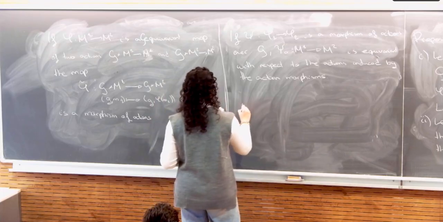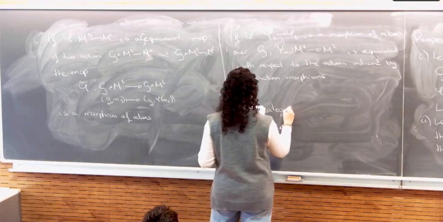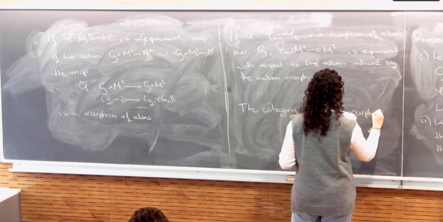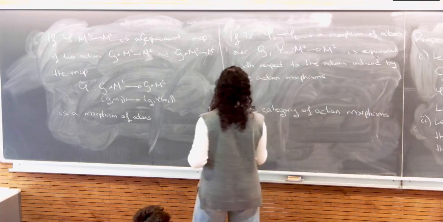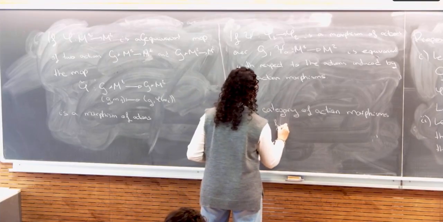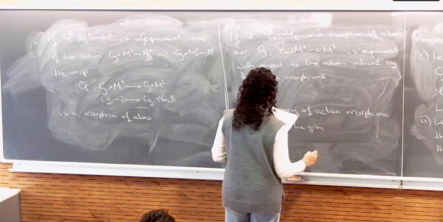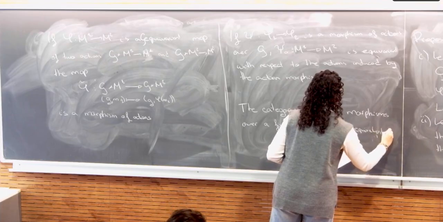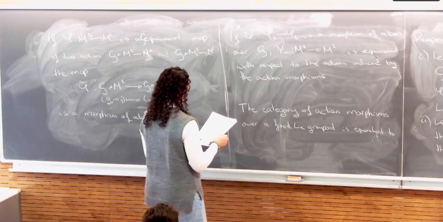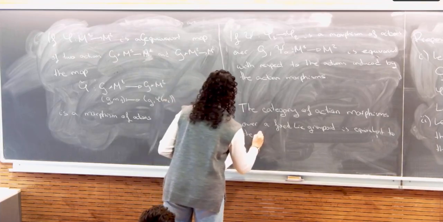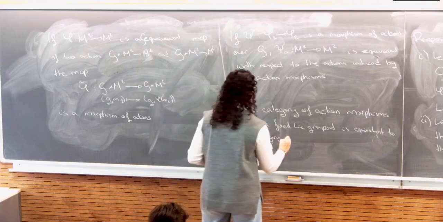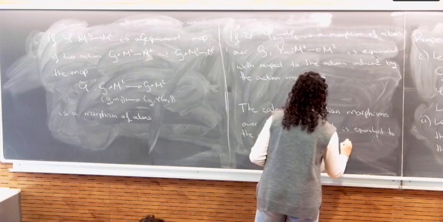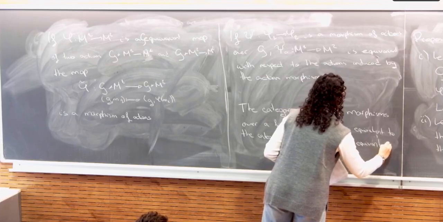So what does it mean? That the category of action morphisms over this groupoid is equivalent to the category of actions of Y and the equivariant maps.